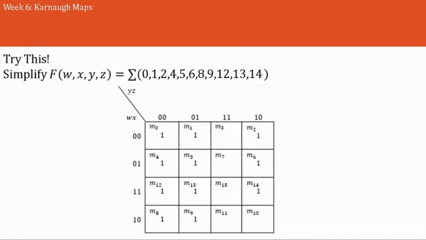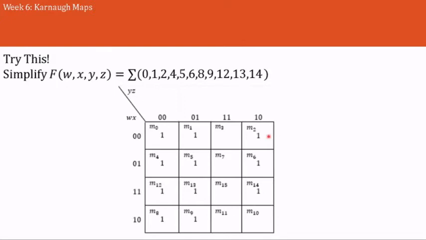We are asked to simplify this function. The function of w, x, y, and z is equal to the summation of minterms 0, 1, 2, 4, 5, 6, 8, 9, 12, 13, and 14. So first of all, we have to plot our minterms.